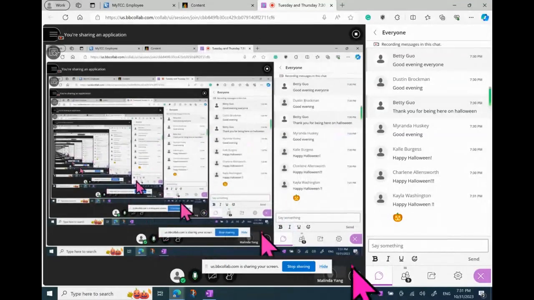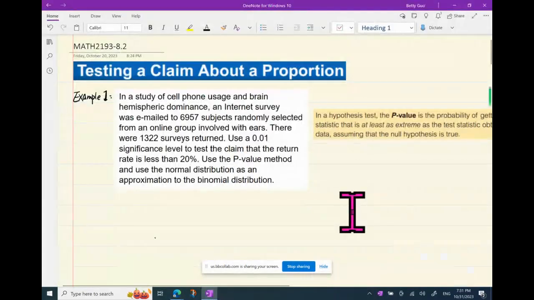Okay, so today we plan to cover section 8.2, testing a claim regarding population proportion.